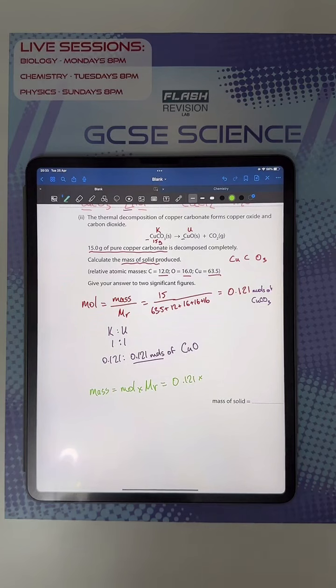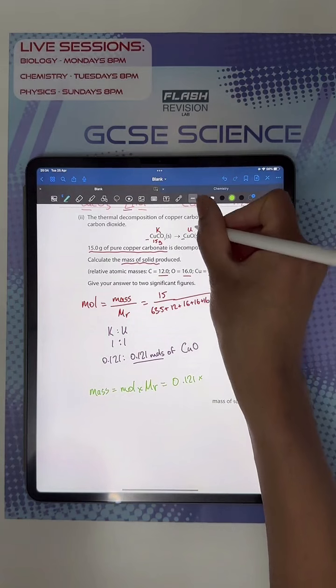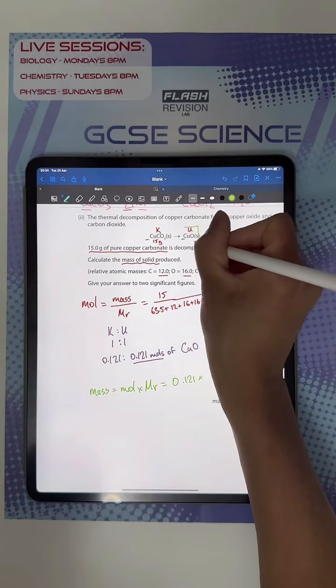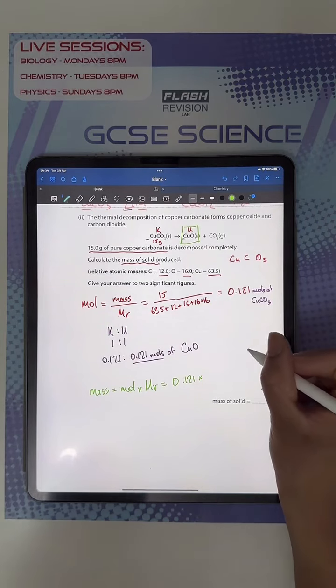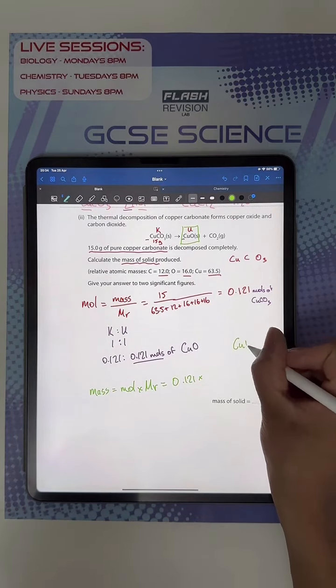It's not the same MR as before because that was for CuCO3. For CuO, exactly. Because that is our unknown. You want to work out the MR of our unknown. So CuO, can you guys try and work that out then? MR of CuO, tell me what you get.